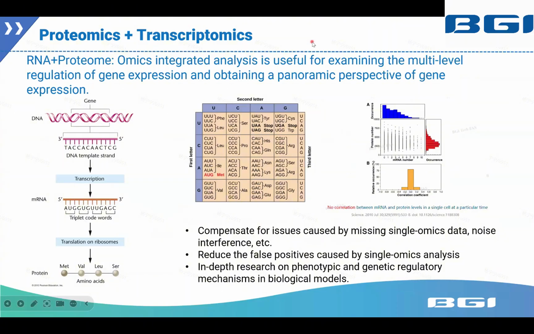Earlier, we mentioned that in a single cell at a specific time, there is no correlation between mRNA and protein levels. Therefore, if you want to understand the phenotype more clearly, we can add proteomics research, and joint analysis of proteomics and transcriptomics is very important.